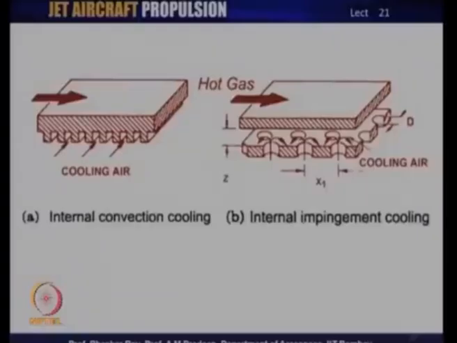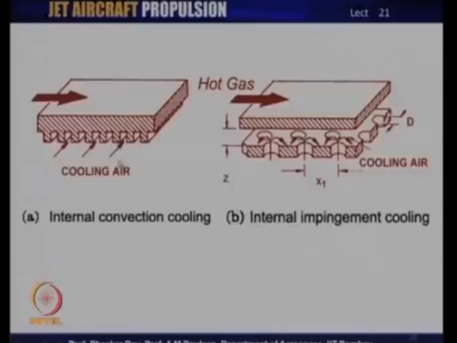Typical turbine cooling technology, as we have been talking about, started with what is known as internal convection cooling. Now, let us take a look at how it actually works. You have ribs like this inside the blade of a turbine cooling. We are showing here, let us say, a flat plate, and inside the flat plate on the other side you have these ribs.